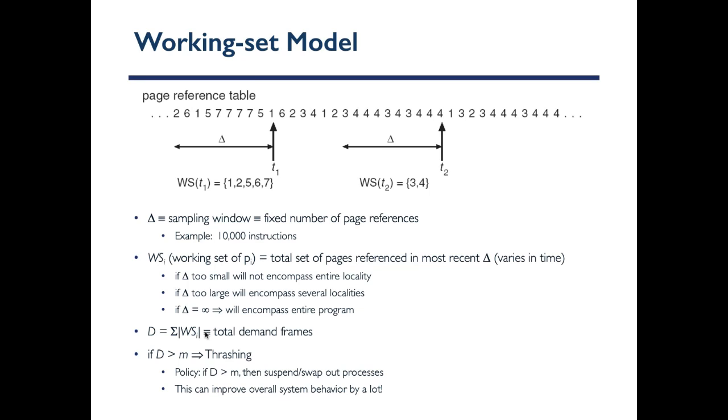So this is one way of tracking how much memory each application needs, a notion to realize that thrashing is happening, and a notion to use: if I know the working set of my application, I can use it as a weight, for instance. I can use it to adjust memory allocation. I can do a lot of things with it. And this is basically telling you how to do it.